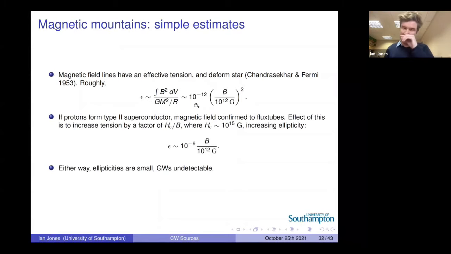If you put in some realistic numbers, or a realistic magnetic field, you get a disappointingly small mountain of about 10 to the minus 12. So much smaller than lots of the ellipticities that we've been talking about previously.